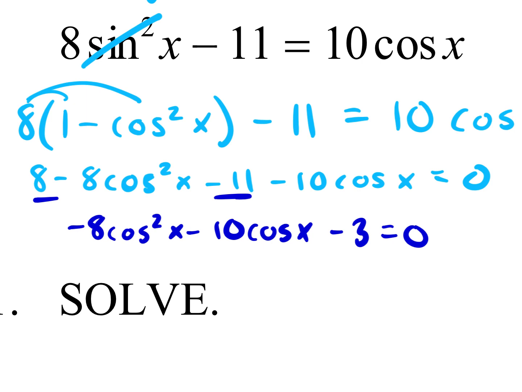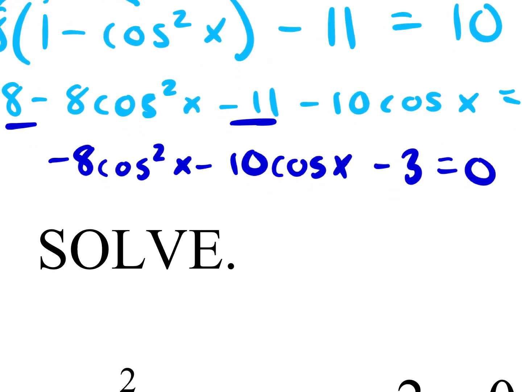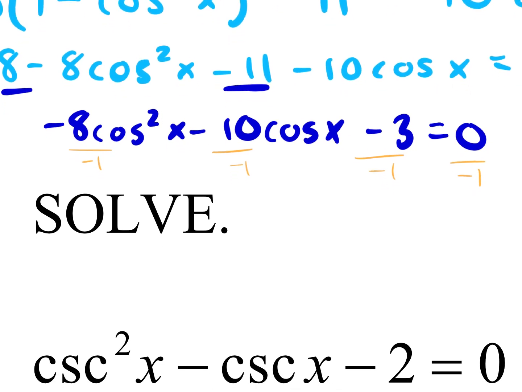Before I do that, anything else you think I want to do first? I can multiply or divide everything by -1. You just have to be really careful with your signs when you multiply the first times last and go back in and divide, because one of them will simplify to be a negative in front of the cosine, the other one won't.